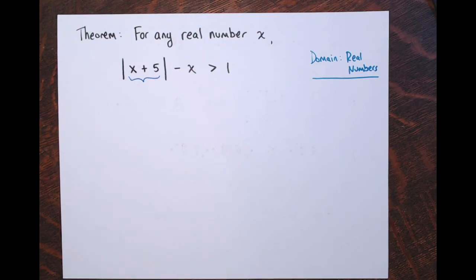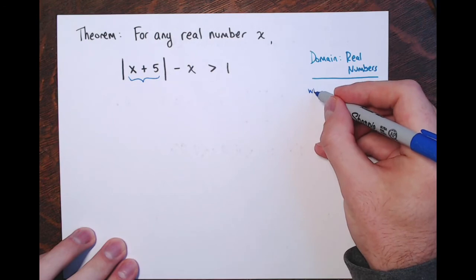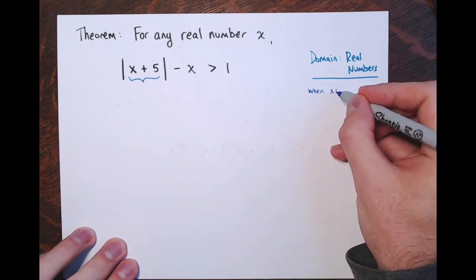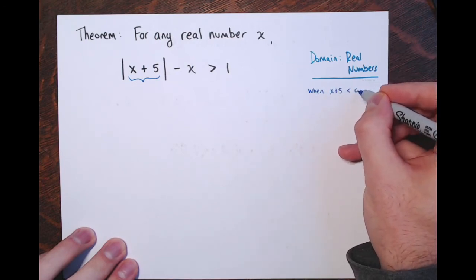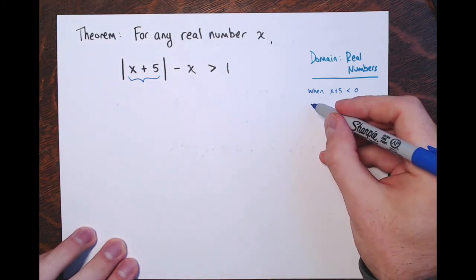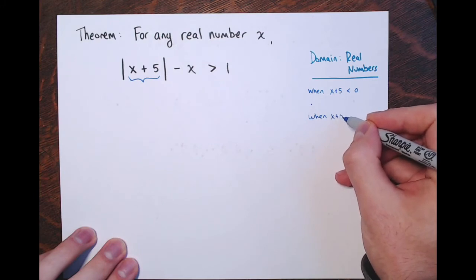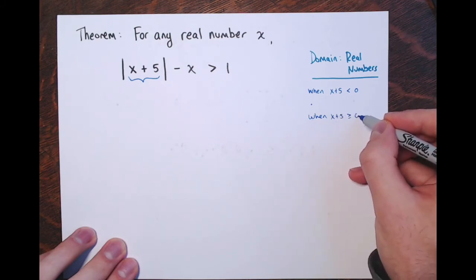So we're going to break this up into two cases. One, when x plus 5 is a negative number. Remember, the absolute value of a negative number is the opposite of that number. And two, when x plus 5 is not negative, greater than or equal to 0.